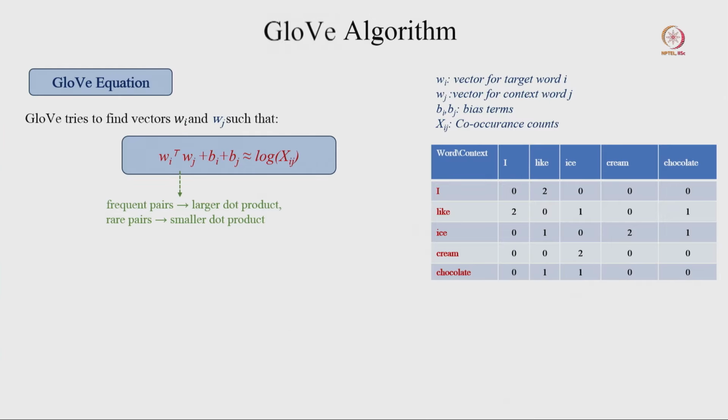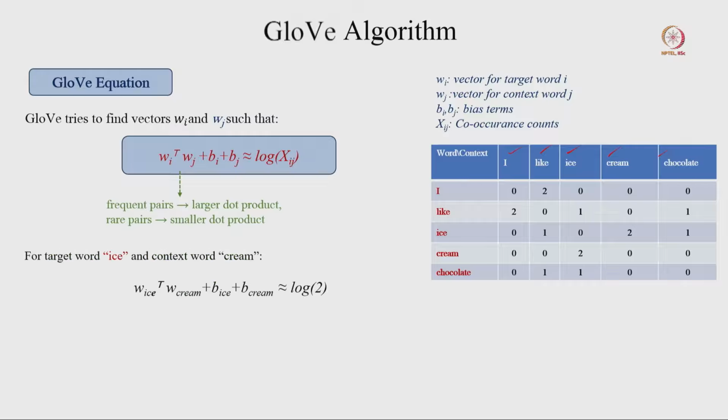For that I have kept the co-occurrence matrix here, with all the red colored words being the target words, and the white colored words like "I like ice cream", which are at the top of the columns, being the context words. Okay. Now, we will see how it is coming.